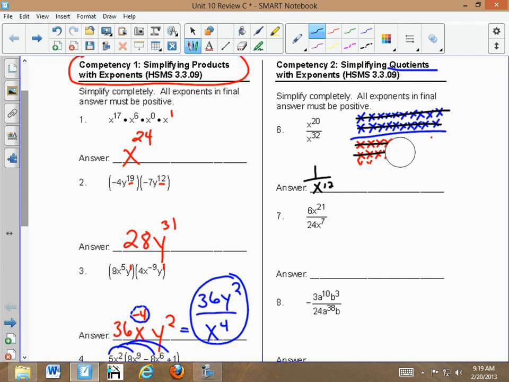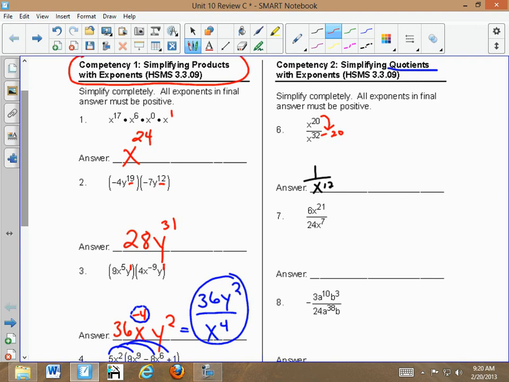I do not want to have to write this out every single time. There is a shortcut. Bring the smaller number to the larger number. When I move an exponent across the division symbol, it takes the opposite sign. That's a positive 20. So now it becomes negative 20. 32 minus 20 is 12. It stays on bottom.